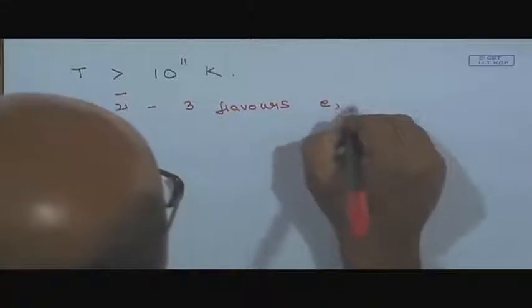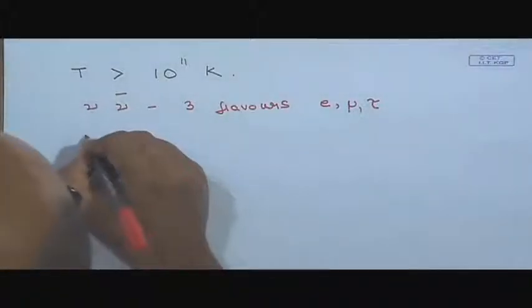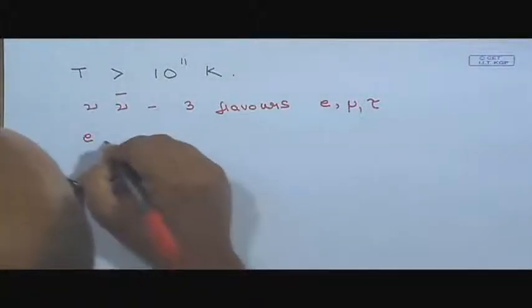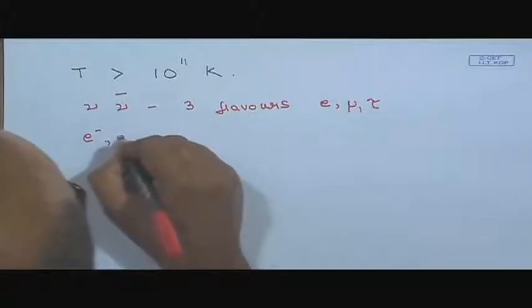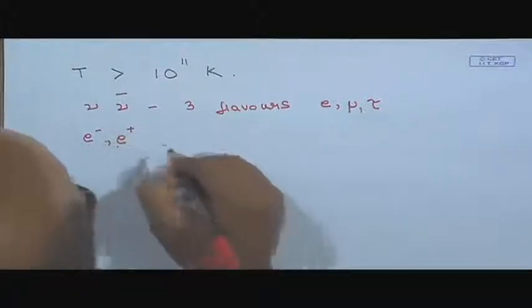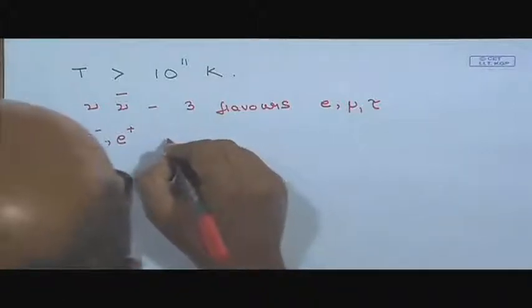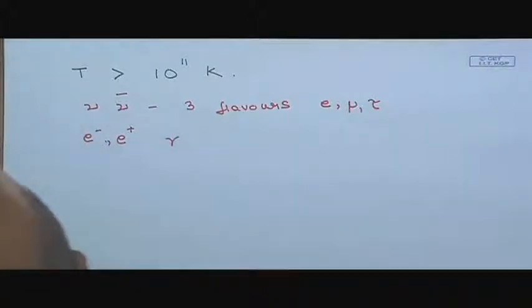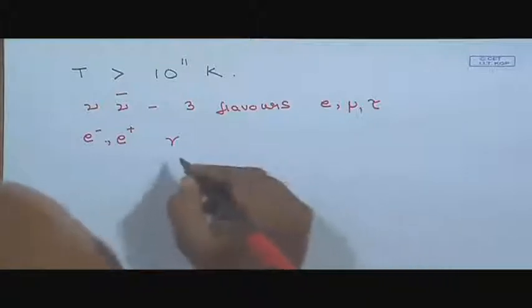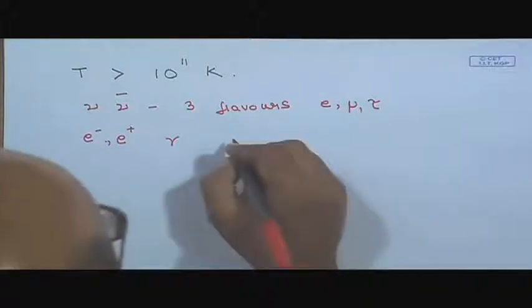The electron, the mu neutrino and the tau neutrino, all three of them, and we have the electron and the positron and the photons, all of these in thermal equilibrium, and we also have some residual baryons.